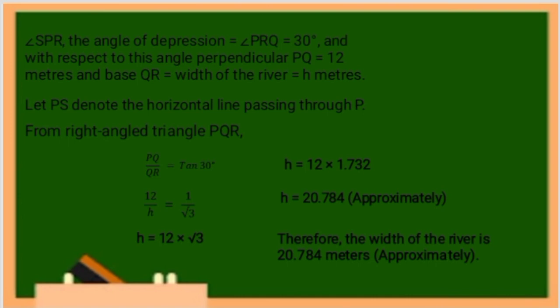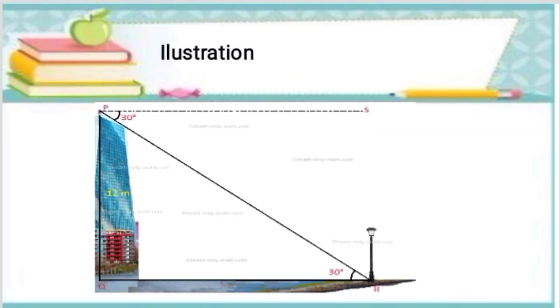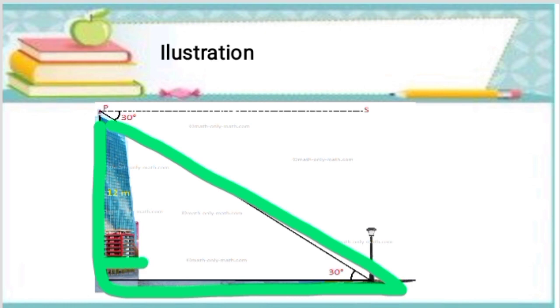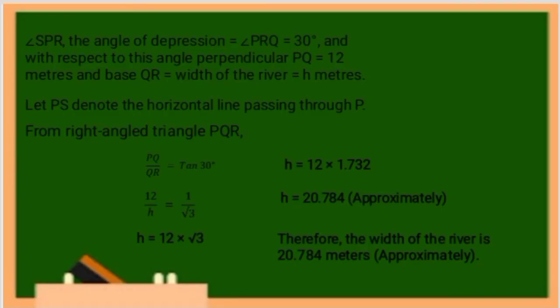So let PS denote the horizontal line passing through the perpendicular, in right angle PQR. So we will use the formula tan x is equal to opposite over adjacent. So we will substitute the values. So we have tan 30 is equal to 1 over square root of 3.